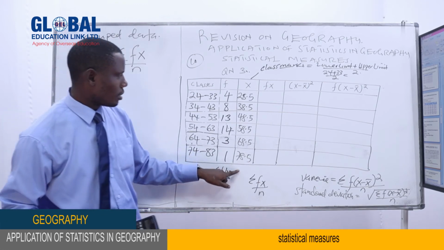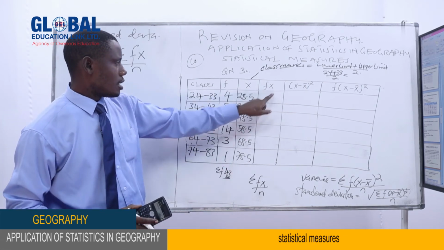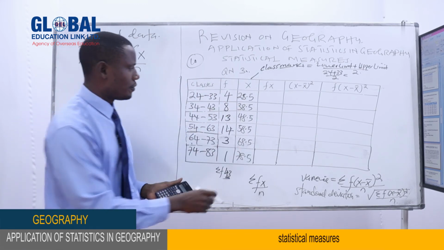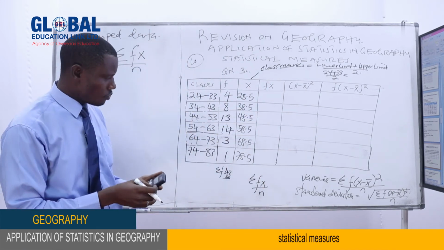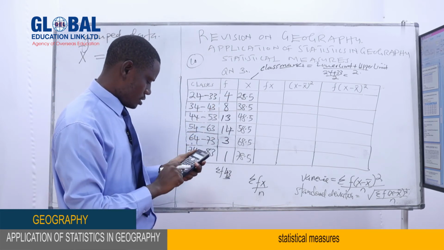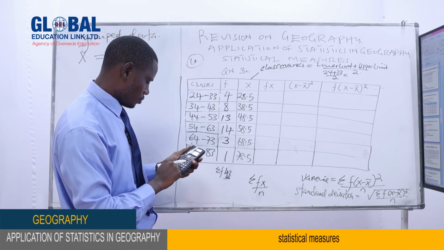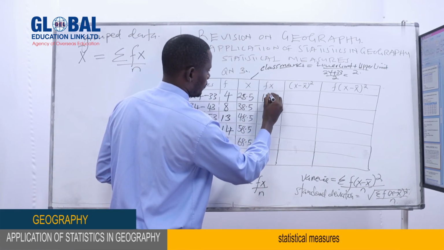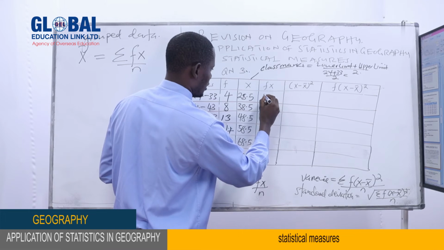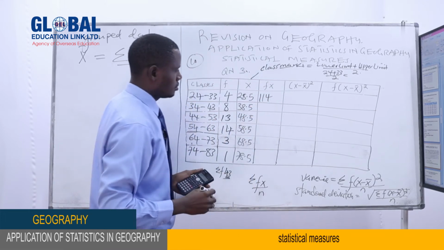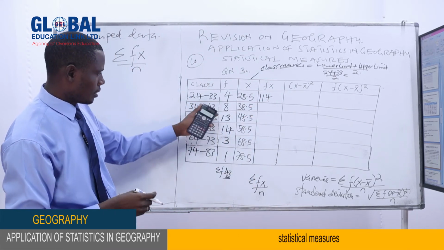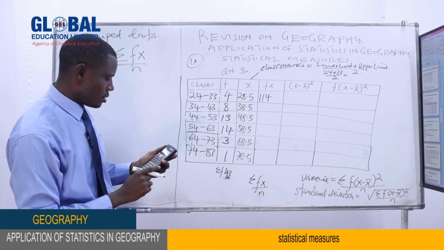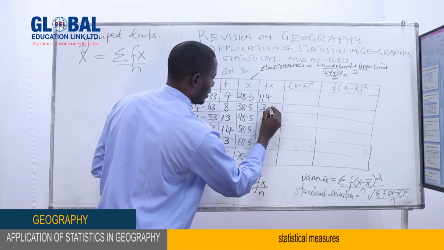Then you go for the next column, which is all about F times X. So we take the class mark times the frequency. Then we fill that particular column. You take 4 times 28.5, then we come up with 114. Then you go for the next one, that is 8 times 38.5, and you come up with 308.